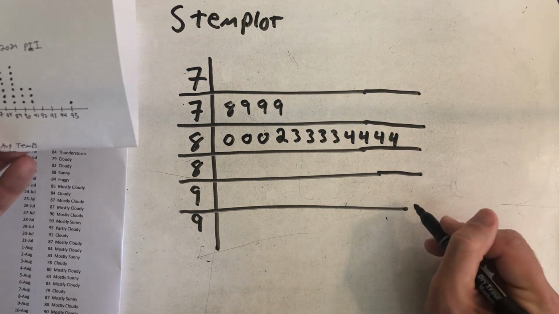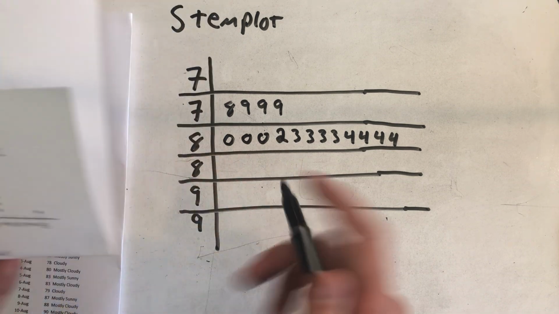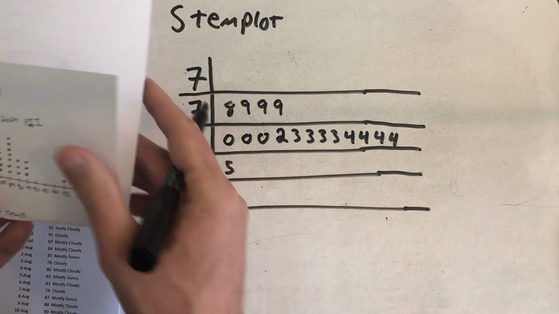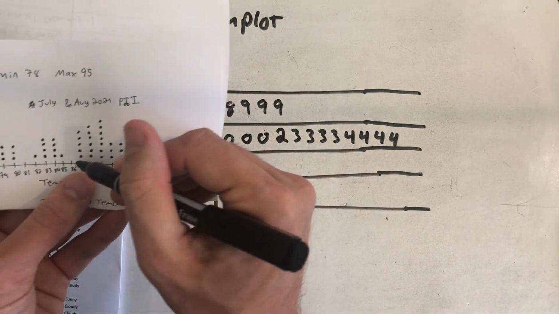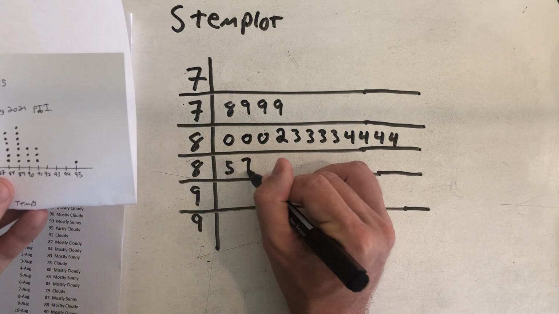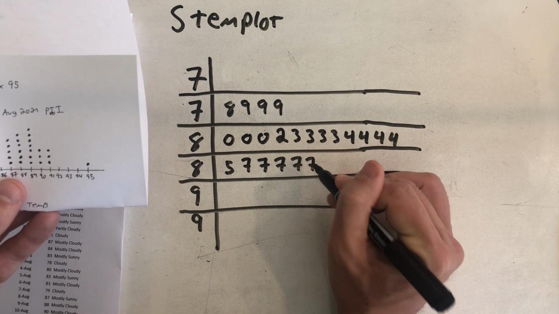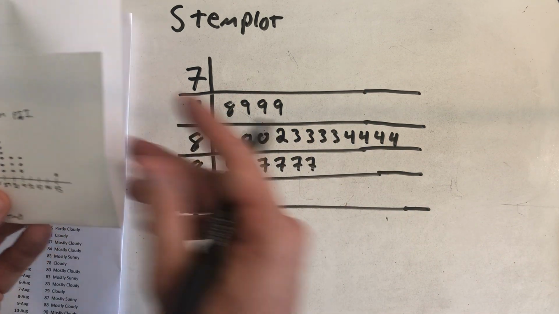So already I can tell there's a whole lot of data in this row. The next data point's an 85. There are no 86s, but there are 1, 2, 3, 4, 5 87s. There are 6 88s.